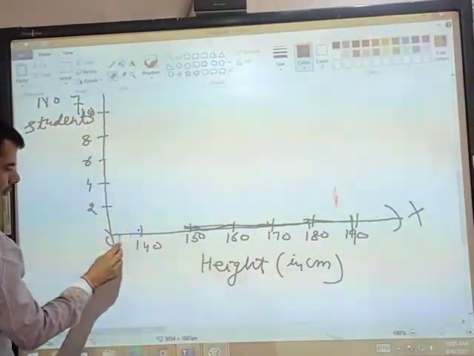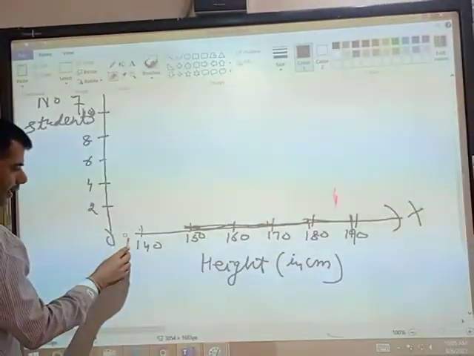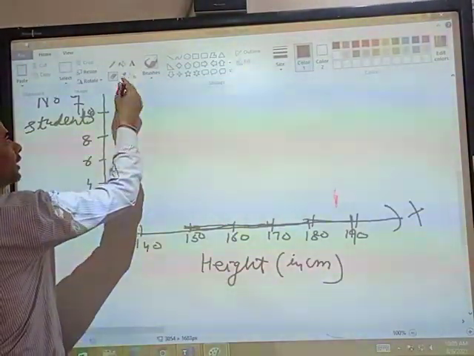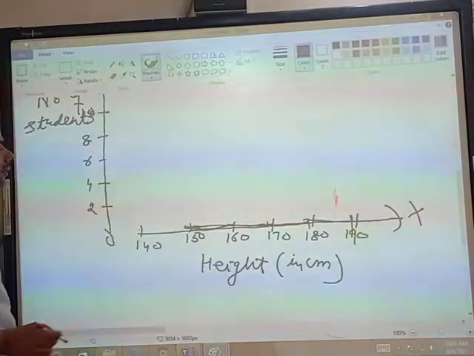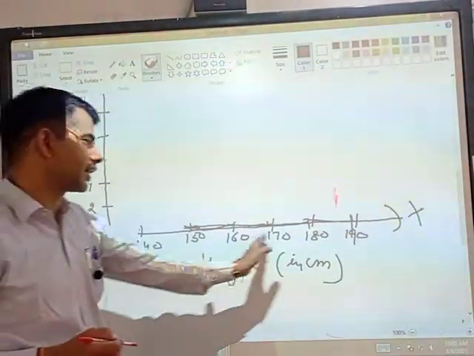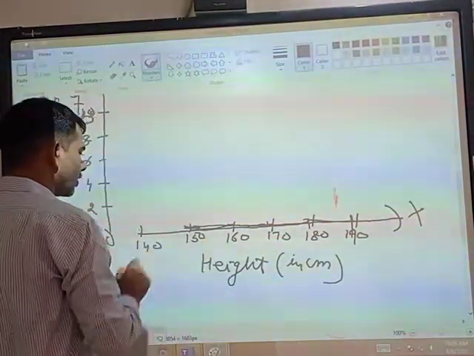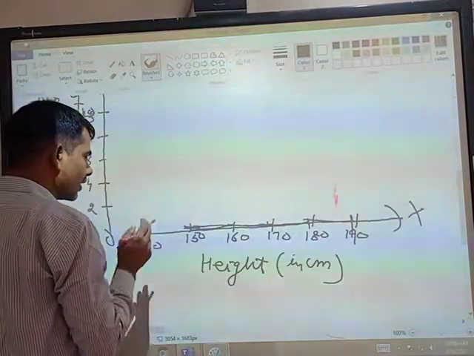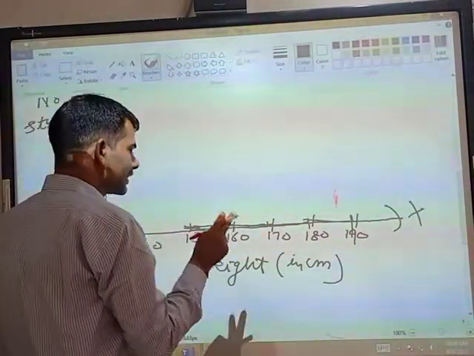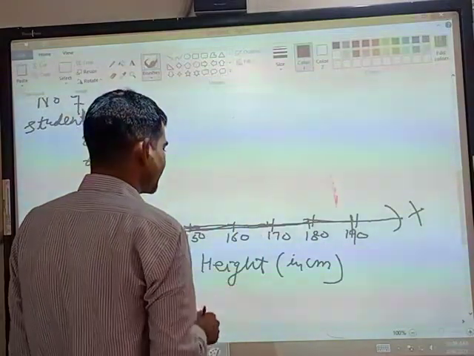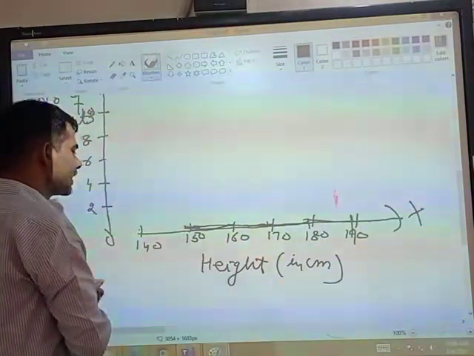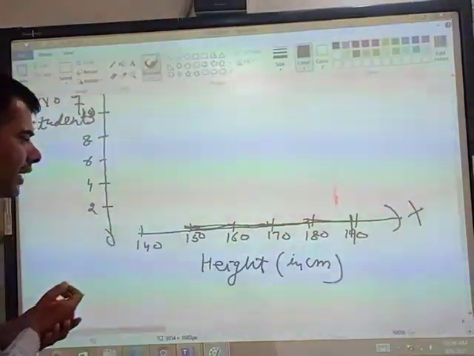But in 0 to 140, the class size is 140. Here the class size is very different from the other class sizes. In 140 to 150 the class size is 10, and the same for the others up to 180 to 190.